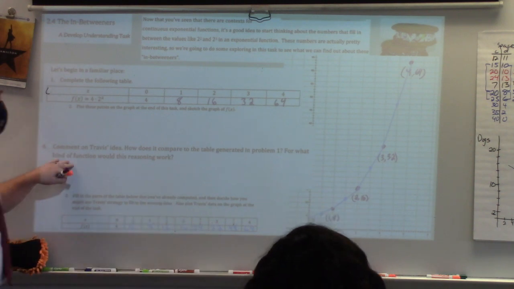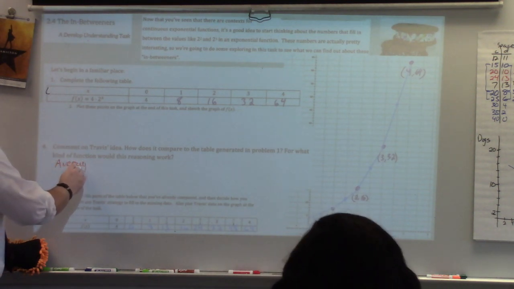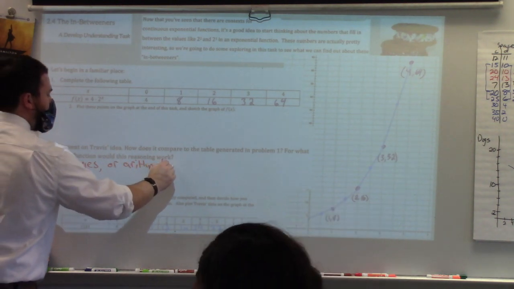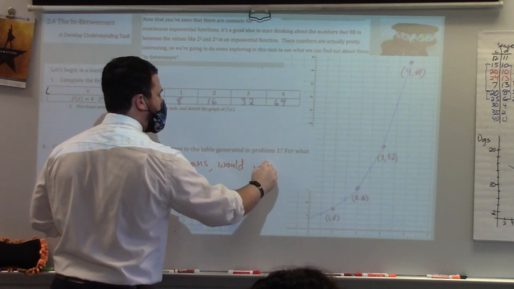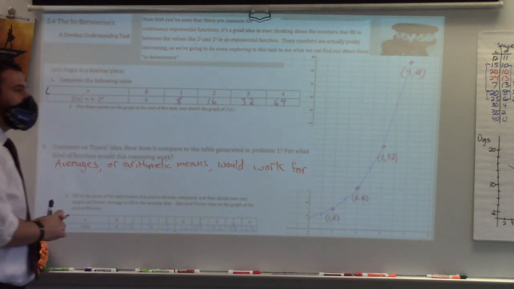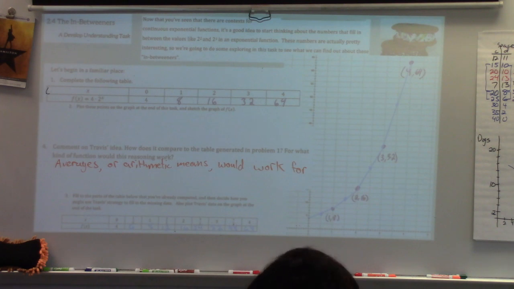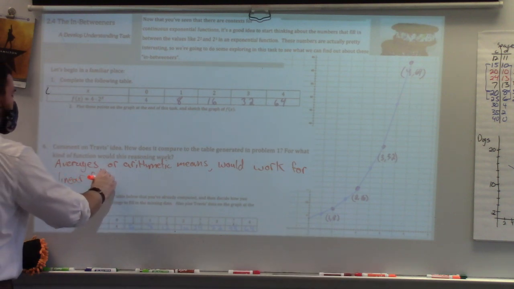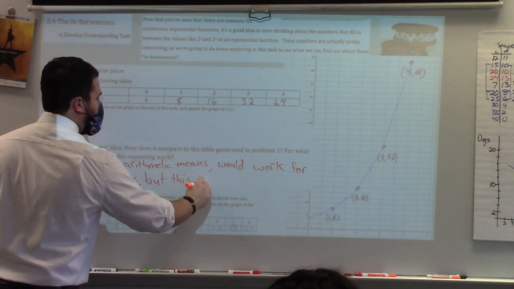So commenting on Travis's idea, how does it compare to the table generated in problem number 1? For what kind of function would this reasoning work? Averages or arithmetic means would work for linear functions. But this is what type of function?